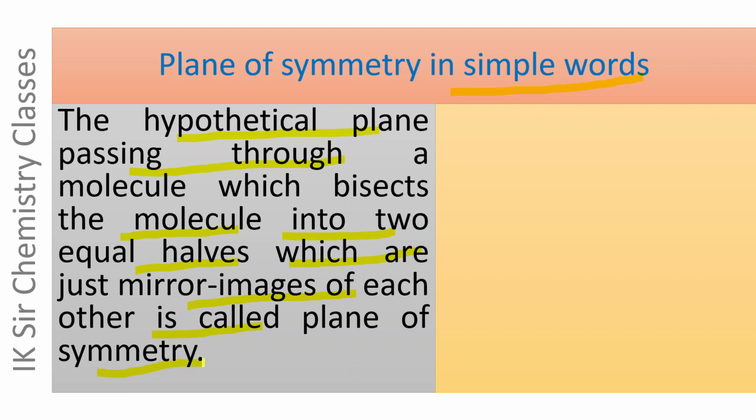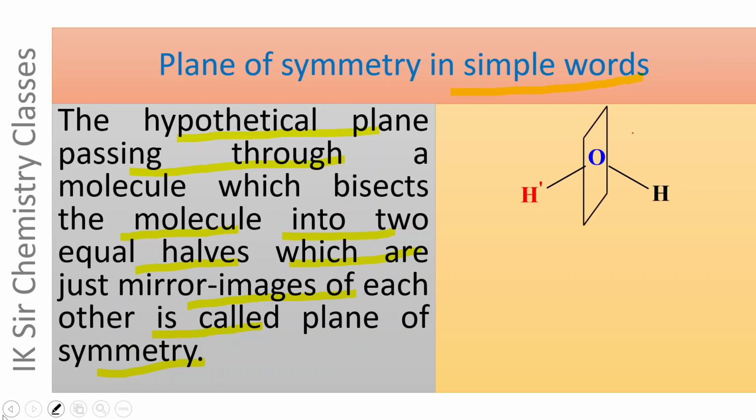The hypothetical plane passing through a molecule which bisects the molecule into two equal halves which are just mirror images of each other is called plane of symmetry. Let us illustrate it taking example of H2O molecule.